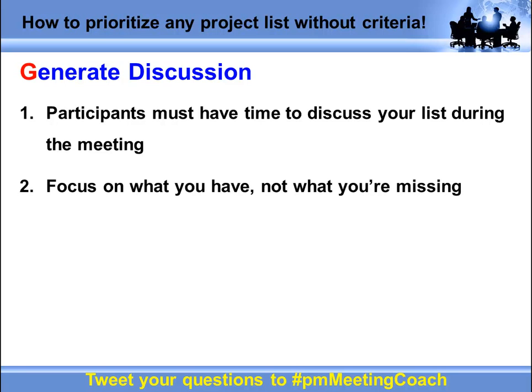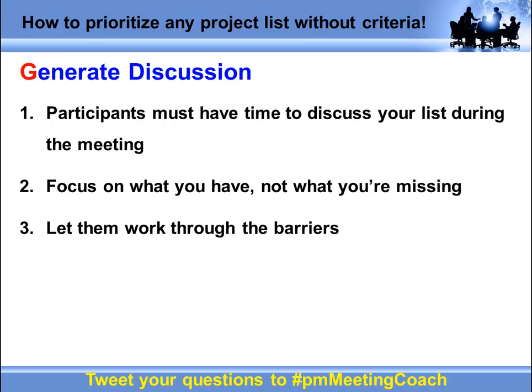Number two, when we're having these discussions, we encourage our participants to focus on what we have, not what we're missing. And we mentioned earlier, what is it that we have? We have a list and we have knowledge. And we're going to rely heavily upon the knowledge and the instinct and the professional opinions of the people that are in the room. Okay? We're going to let them have discussion because we want them to work through some of the barriers, some of the risks, and some of the obstacles.